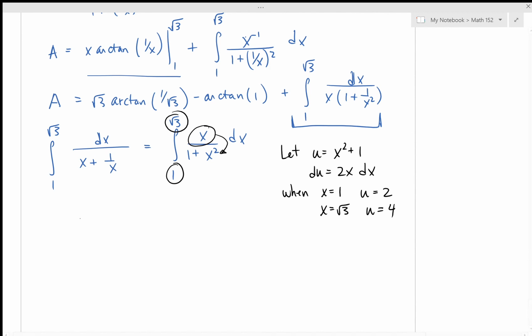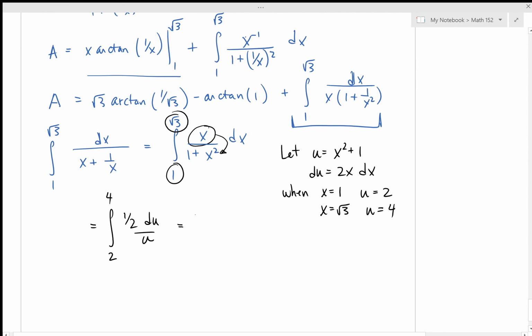Okay, so then this is going to be equal to the integral from 2 to 4 of 1/2 du over u. Sorry, yeah, x dx is du over 2, and then 1 over 1 plus x squared is 1 over u. Okay, this is easy to integrate.